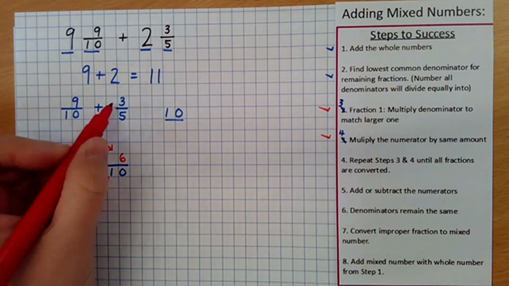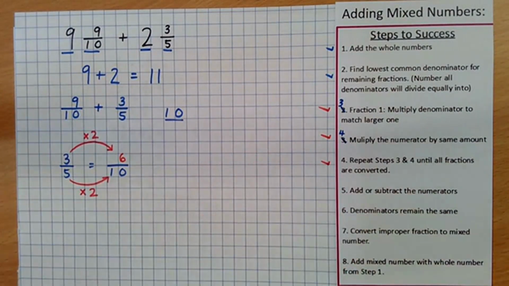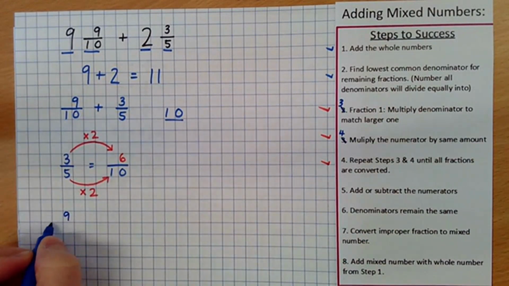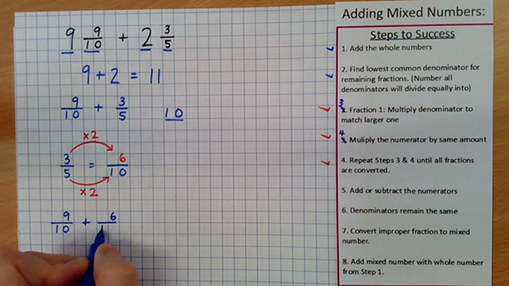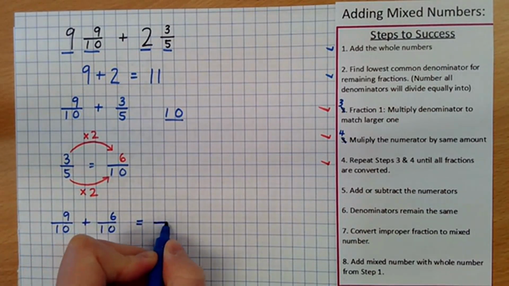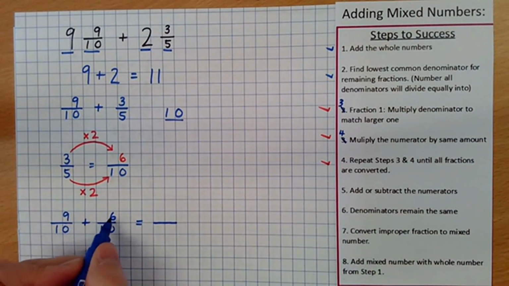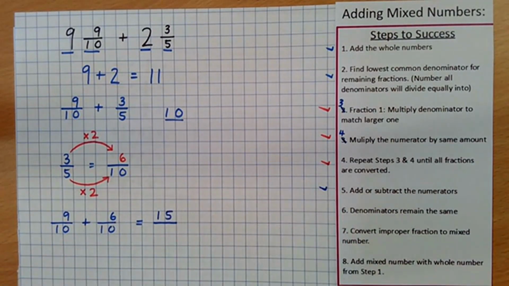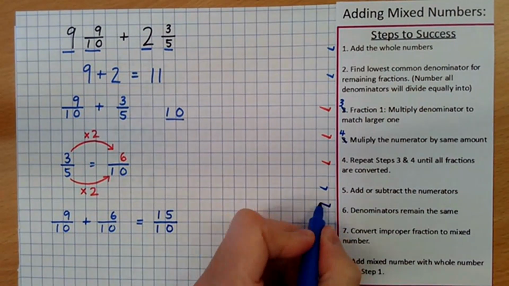But as I can see, it's just the one fraction. So now I'm going to add my 2 fractions. 9/10 plus 6/10 equals, I'm going to add the numerators, so I'm adding 9 plus 6 equals 15, good, and the denominators remain the same, so I'm going to place 10 there.